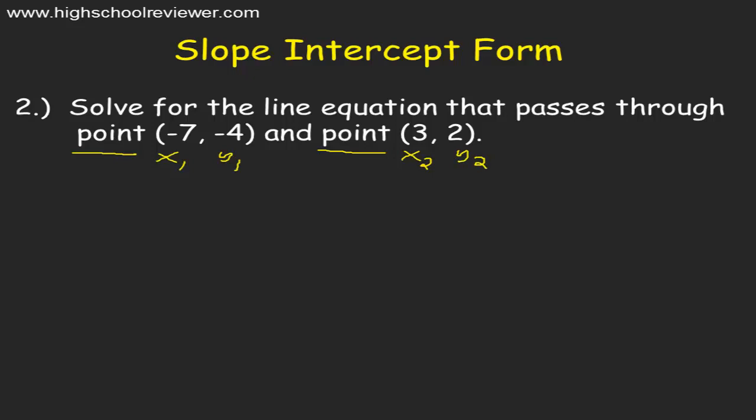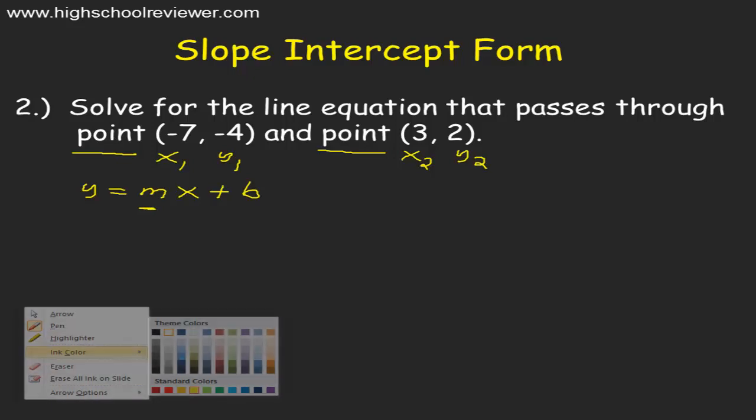And then our slope-intercept form equation, that is y is equal to the slope, which is m, multiplied by x plus the intercept, which is b. We first need to find for m, or for the slope.